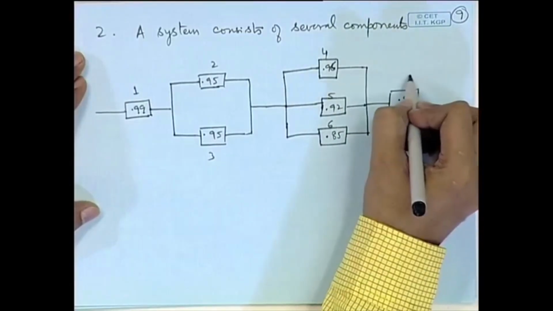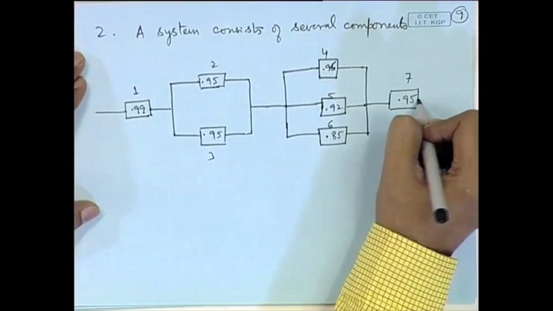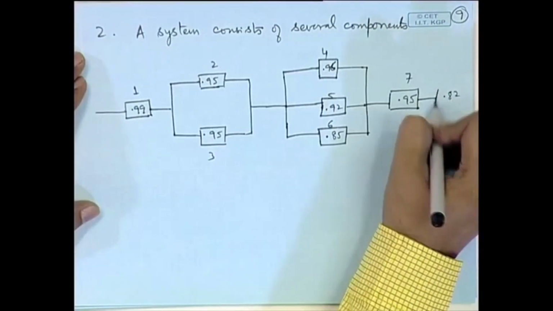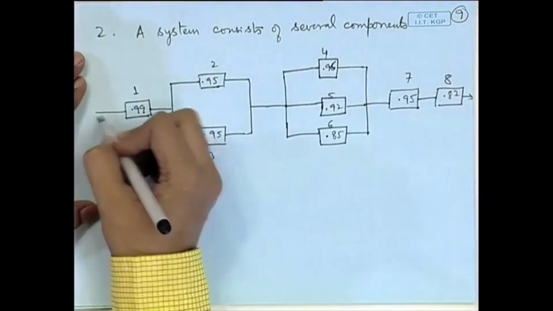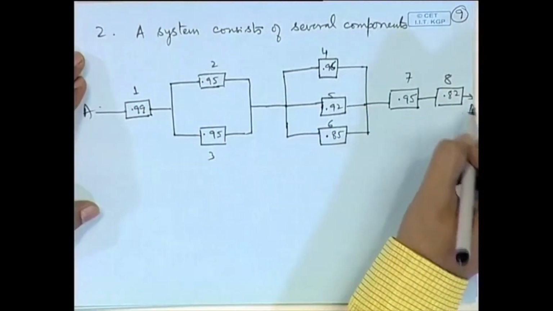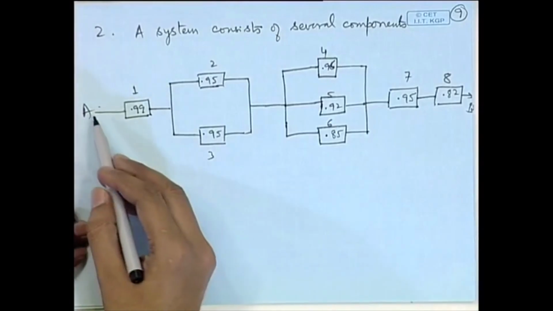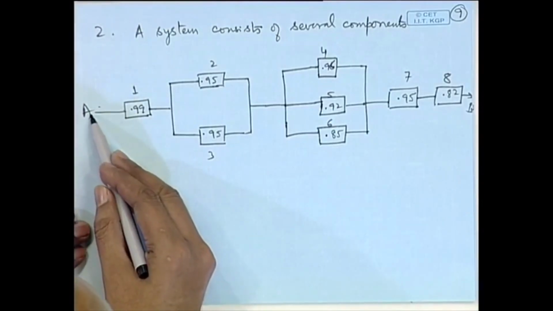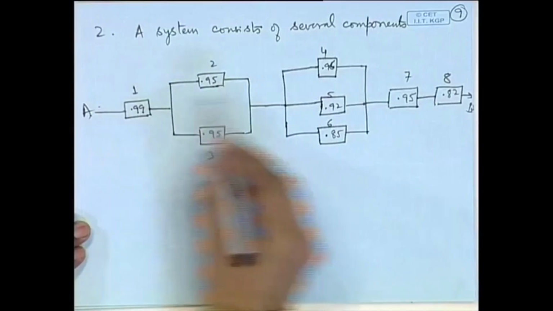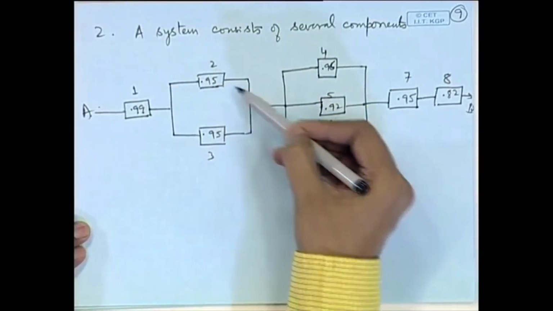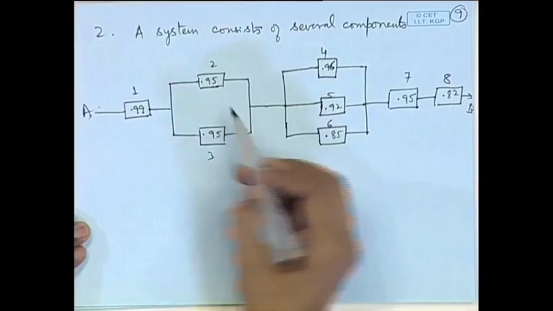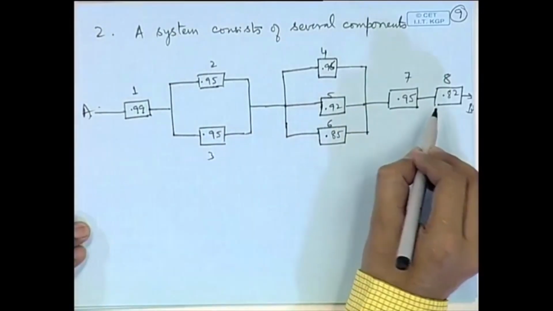The next one consists of a single component, 0.95, and the next one consists of a single component. Suppose this is A, this is B. So, the entire assembly consists of 8 components, out of which some of them are connected in parallel and some of them are connected in series.